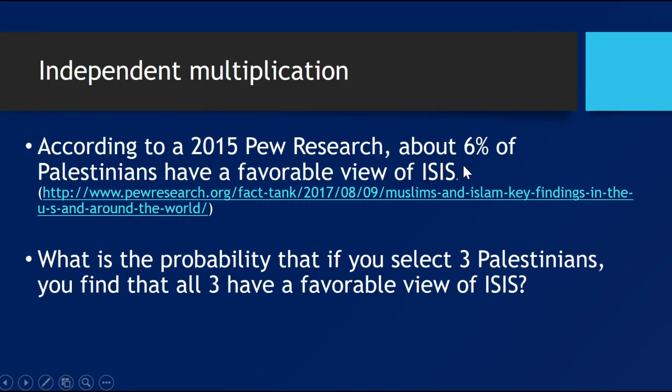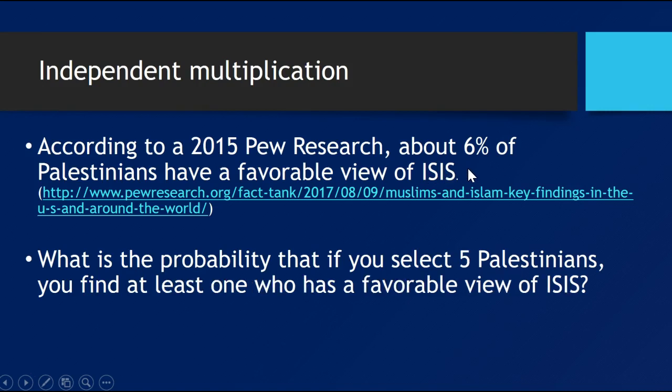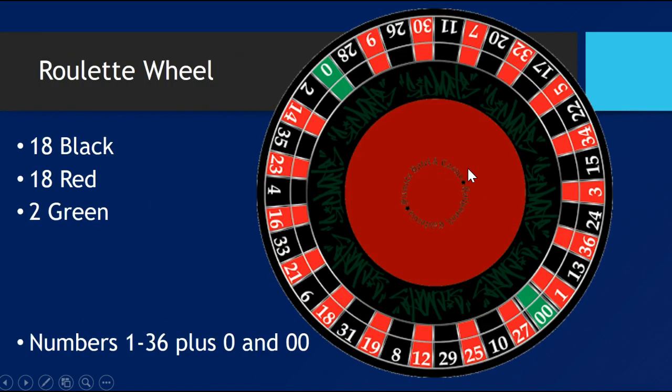I'm not going to expect you to know that number. Similarly, with the roulette wheel, if I ask what's the probability of betting black or green or red, I'm going to tell you in the problem that there are 18 black slots, 18 red slots, and 2 green slots on a roulette wheel.